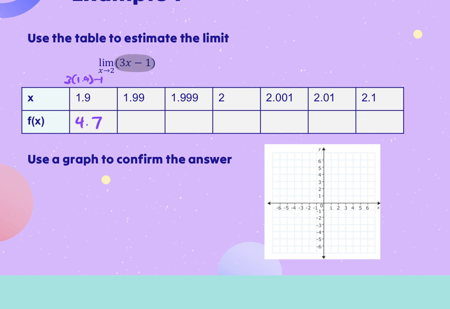The y1 of 1.99, I get 4.97, and the y1 of 1.999, I get 4.997, and the y1 of 2, which is 5, and the y1 of 2.001, 5.003, and the y of 2.01, 5.03, and the y of 2.1, 5.3.